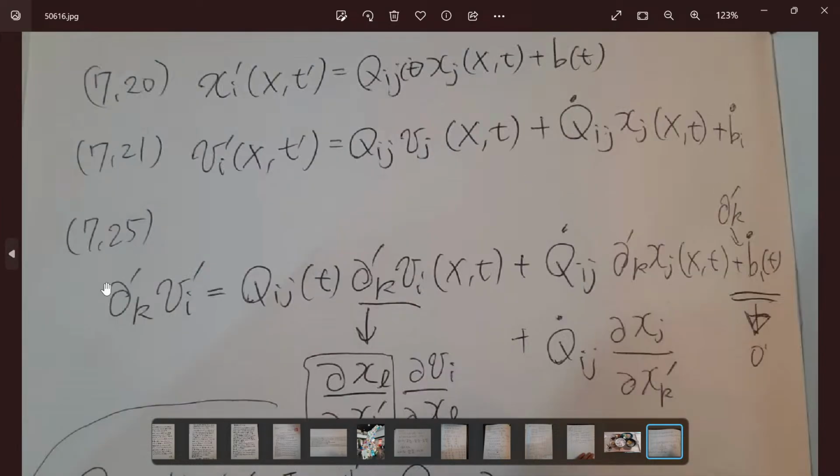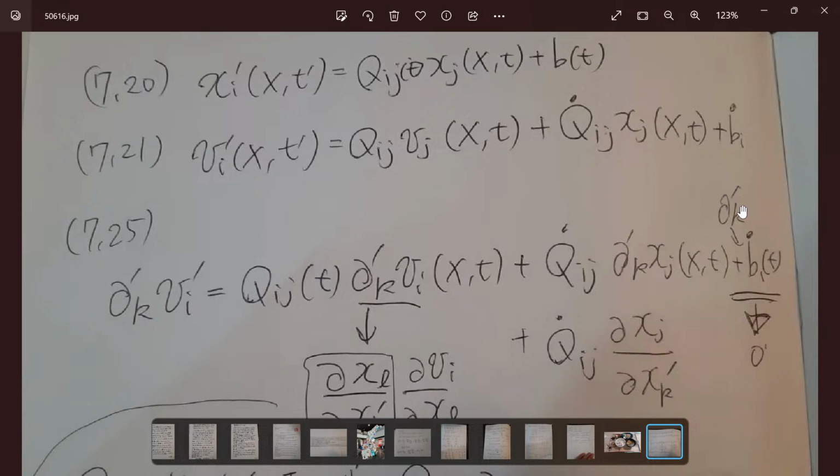So the partial k prime applies to only vi. Then there's a qij dot. Then partial k prime, which applies to xj. And partial k prime also applies to b. But b is actually just a function of time.